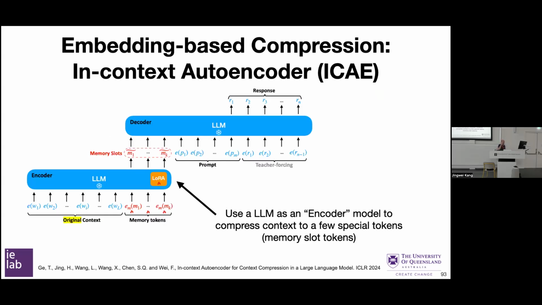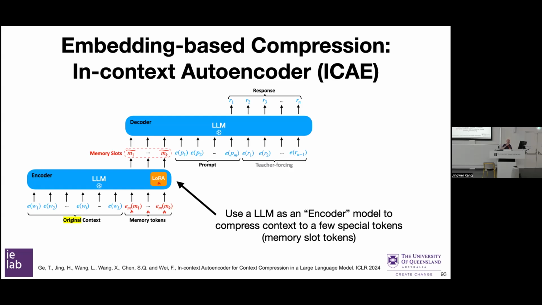So here is how this is done by ICAE. You use your LLM as an encoder model to compress your original context, together with some special memory tokens, into these memory slots. You have introduced some new tokens to your original context, and you look at the embeddings of these new tokens.